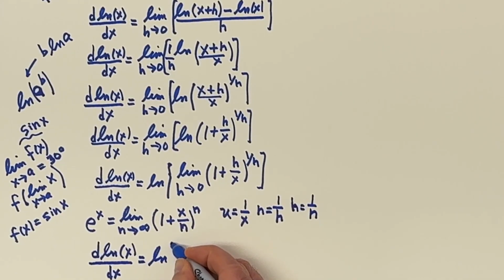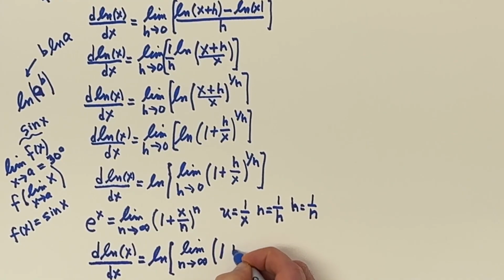And now here, I'm going to have the limit as n goes to infinity of 1 plus, and h is 1 over n, and 1 over x is u, so this will be u over n, and this is then to the nth power.